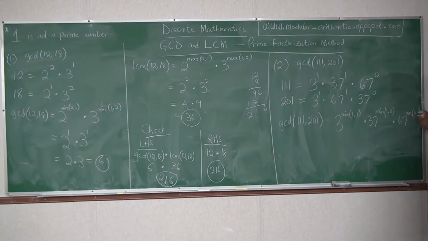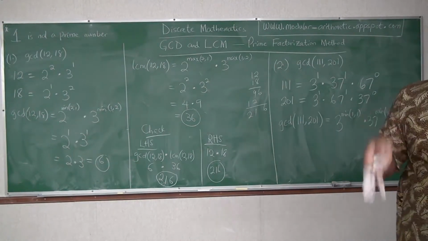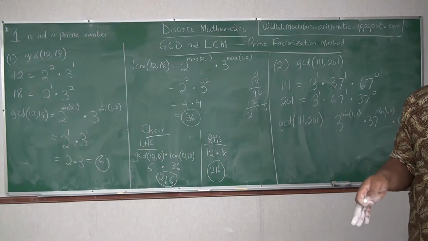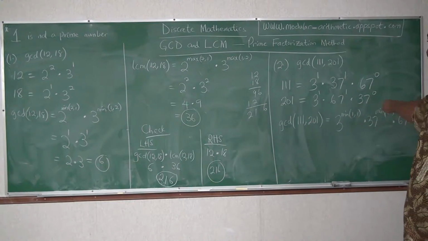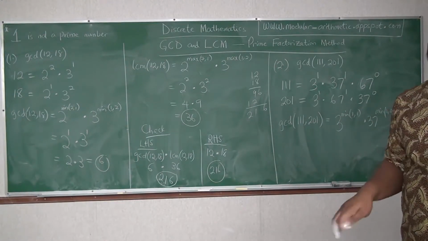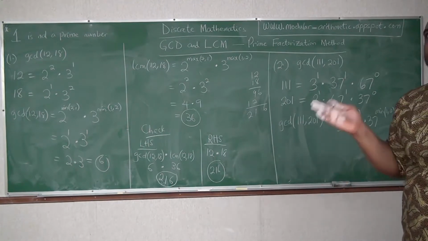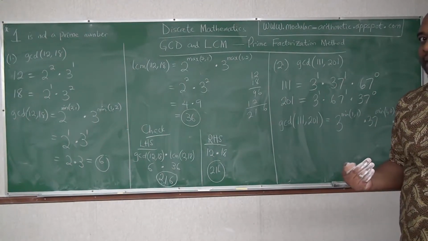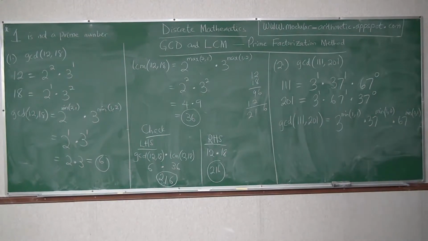See that? But we want to have the same prime numbers in both cases, so that we can easily use this formula for the GCD and the LCM. Some people might skip it, but we really want to, especially if we are finding the LCM.